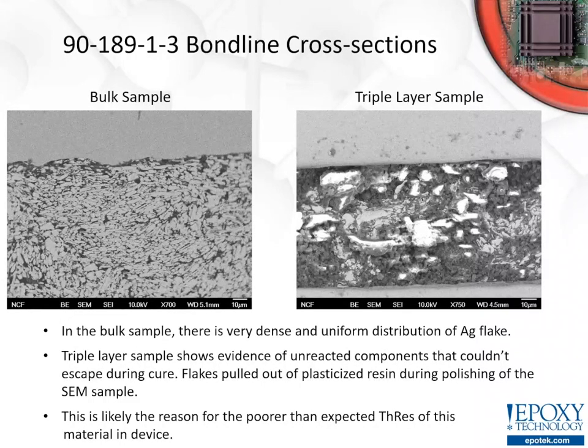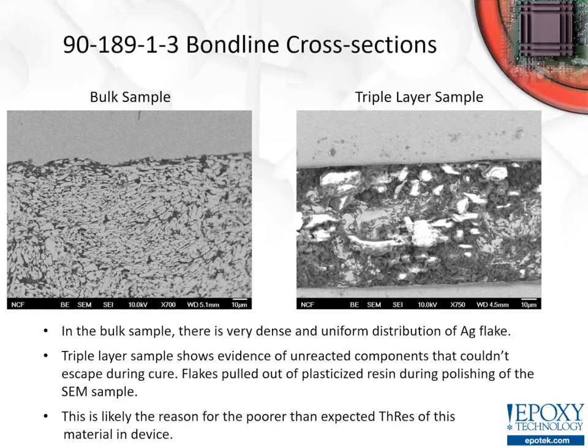One of the R&D materials we had tested in a similar way, we did the bulk sample and the triple layer sample. In the bulk sample, you saw an excellent high density silver, uniform flake distribution, a very high overall thermal conductivity in the bulk sample.